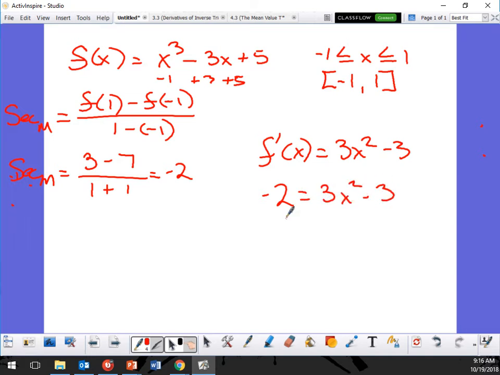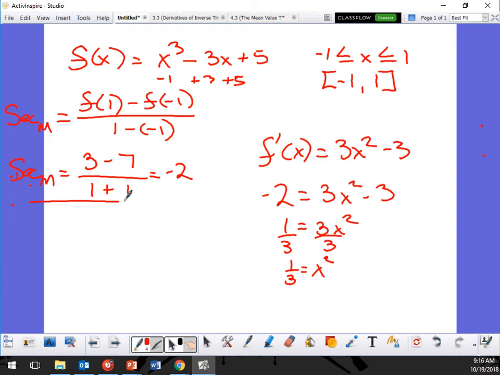Add 3 to both sides, so I get 1 equals 3x squared, right? Okay. So divide by 3. So 1/3 is equal to x squared, right? Yes? Okay, so now, what do I do to undo the square? Square root, right?